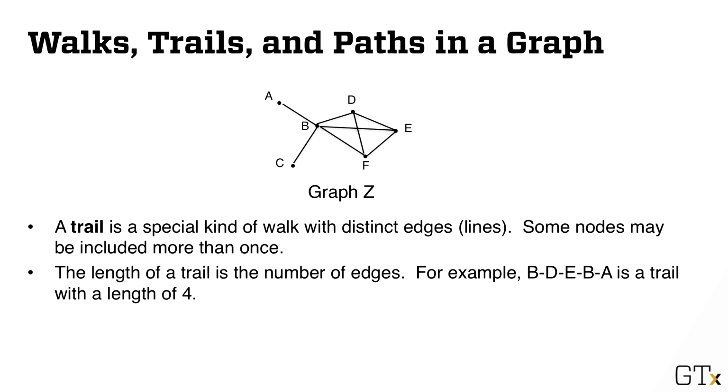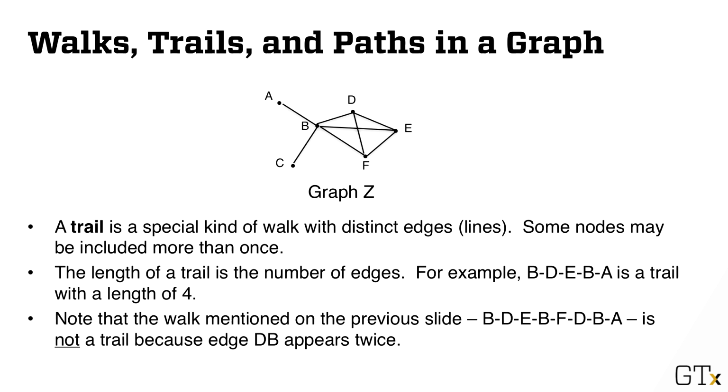For example, in this particular graph, B to D to E to B to A is a trail that has 4 edges or has a length of 4. And note that the walk that I mentioned in the previous slide is not a trail because edge BD appears twice in that particular walk.